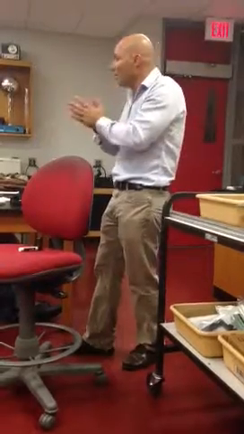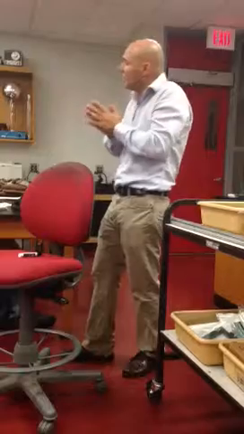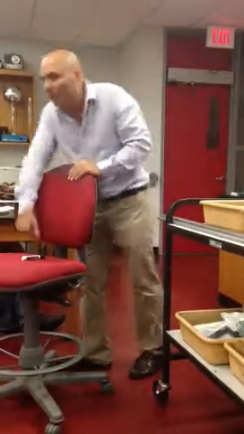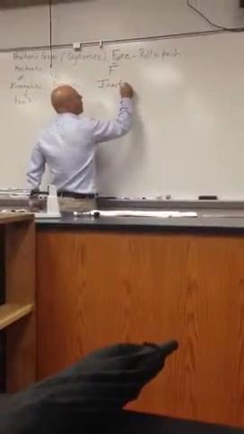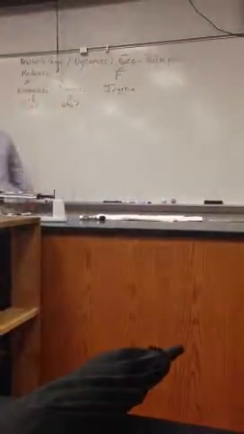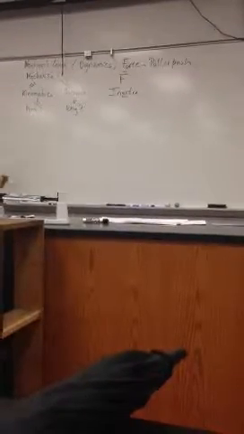Then if you are moving and suddenly you brake, you go frontward because you want to keep the same velocity you have. That property is called inertia. So inertia is the tendency of all objects to resist any change in the state of motion.